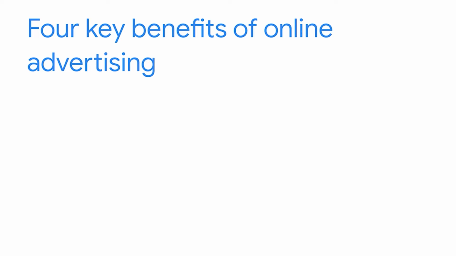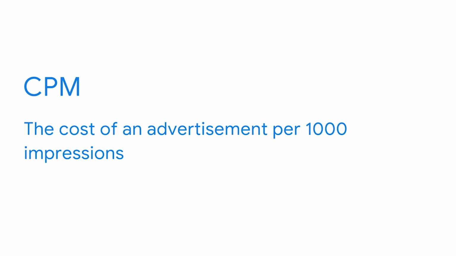The first benefit of online advertising is that it's cost-effective. When we compare the two, traditional advertising requires a significantly larger budget than modern online ads. As we discussed in the previous course, these advertisement costs are calculated by CPM, which stands for cost per 1,000 impressions.